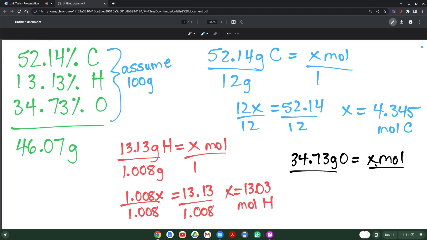34.73 grams of oxygen is equal to, I don't know how many moles, but I do know that 32 grams is equal, I'm sorry, not 32. It's just 16. This isn't a compound. So this oxygen is not diatomic. It's bound to carbon and hydrogen in some combination. So that is equal to 1 mole. 16x is 34.73 grams.